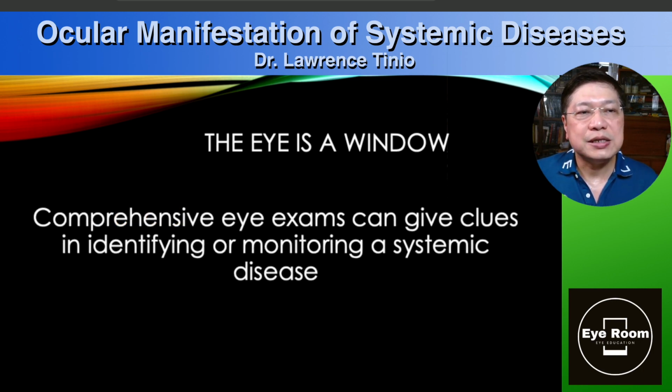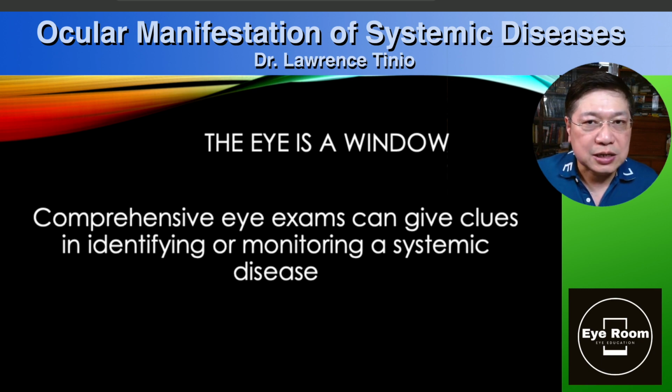Now, a comprehensive eye exam can give you clues where you can identify which problems are occurring. So, not just the retina, not just the blood vessels, but also other parts of the eye will also give you very important clues. For example, in general examinations, patients are usually examined through the color of their eyelids.